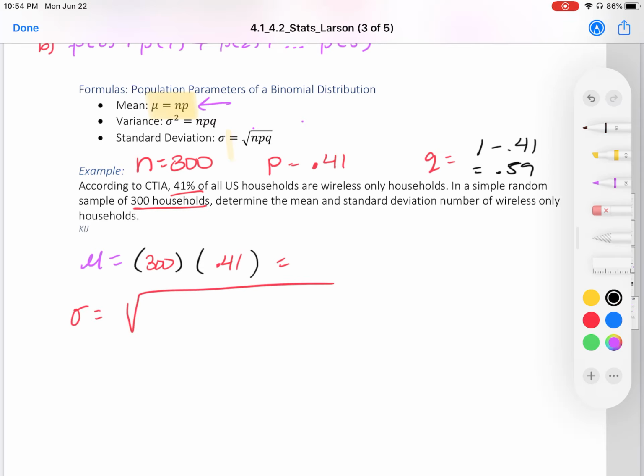We take the square root, and our formula above says n times p times q. N is 300, p is 0.41, and q is 0.59. You can get that from our calculator as well. Our answers, if you punch them in correctly, are 123 and 8.51.